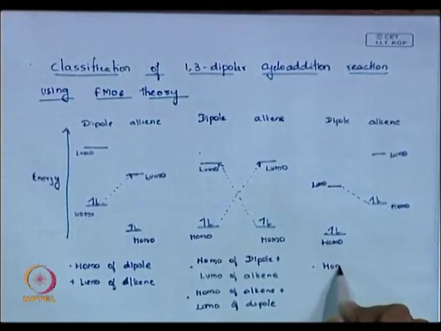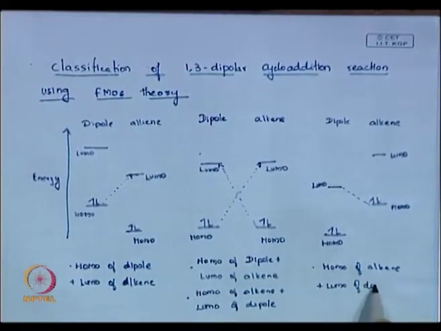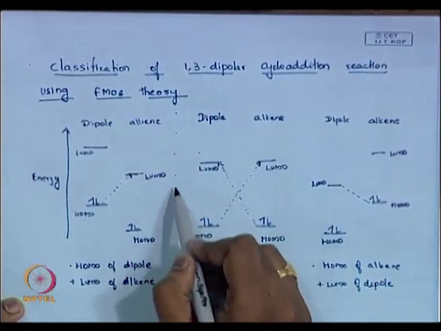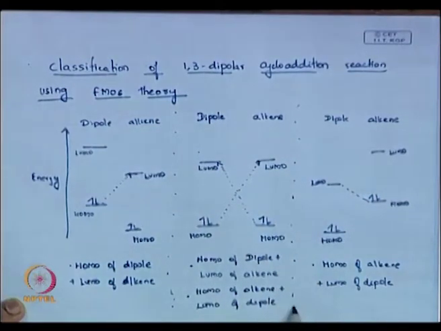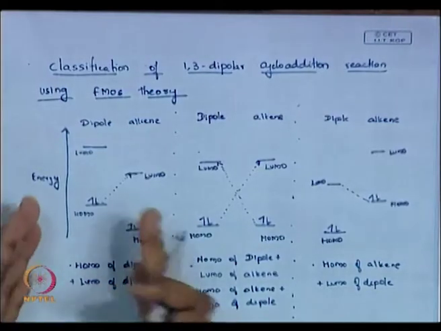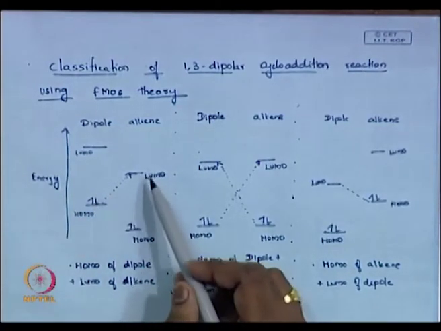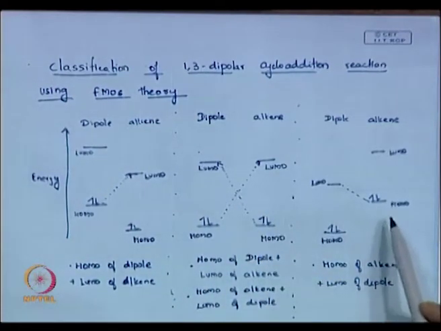You are talking about the HOMO of the alkene with the LUMO of the 1,3-dipole, fine. So, that means basically you have 3 types, right. This is your type 1, where you are talking about the interaction between the HOMO of the dipole with the LUMO of your alkene. You have type 2, where you can have both the possibilities. In type 3, you are talking about the HOMO of your alkene with the LUMO of the dipole, right. So, that is how you can classify your 1,3-dipolar cycloaddition using FMO.